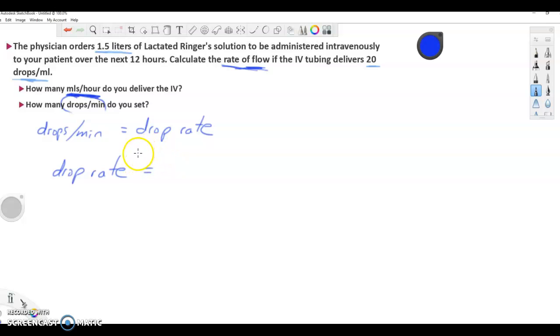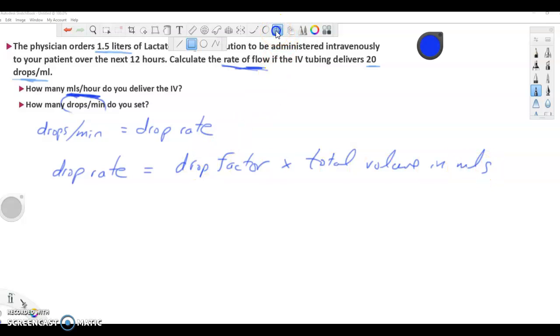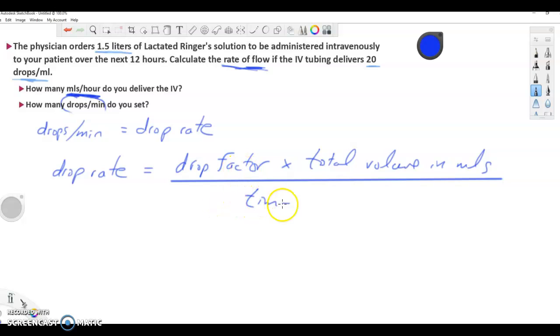The drop rate equals the drop factor multiplied by the total volume in mils, all divided by the time in minutes, or the time in hours multiplied by 60.